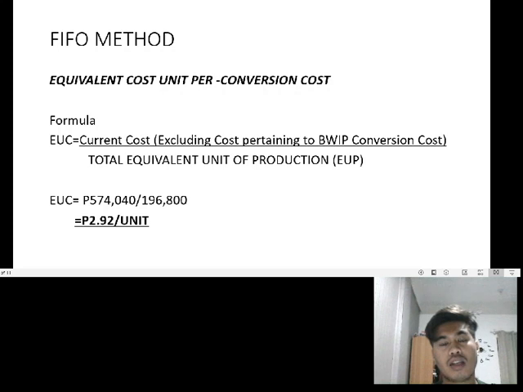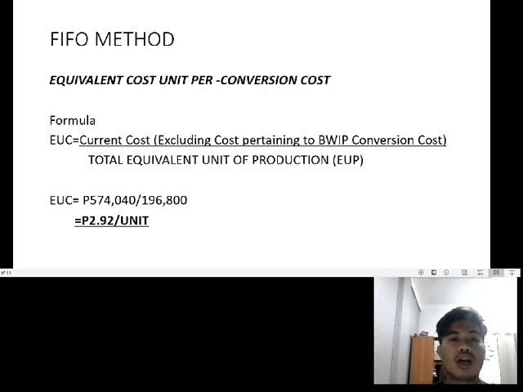So yung current cost lang, yung direct labor plus the factory overhead, i-exclude po natin yung cost ng conversion ng beginning work in process related to conversion cost. Again, i-divide mo lang by the total EUP of the conversion cost. So yung total cost po natin for the current month is only 574,040 over 196,800 units. So yung EUC natin or equivalent cost per unit is nasa 2.92 pesos per unit.